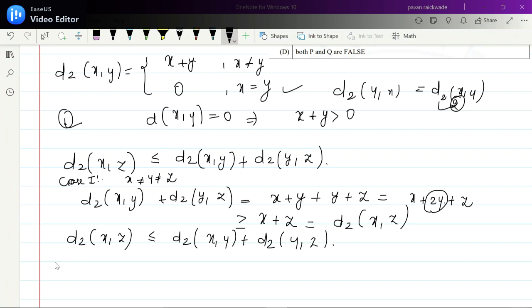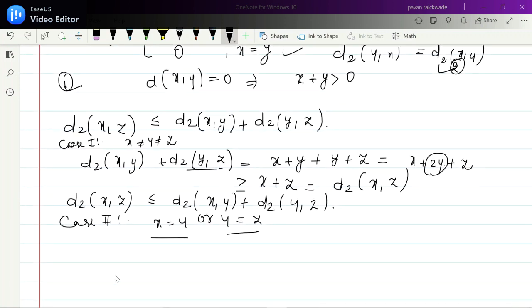In the second case, it's just one of these may be equal, like suppose x is equal to y or y equal to z. But in that case, you can straight away think either this will be 0 or this will be 0. Okay, suppose without loss of generality, x equals y, then what is d2 at x comma y plus d2 at y comma z?